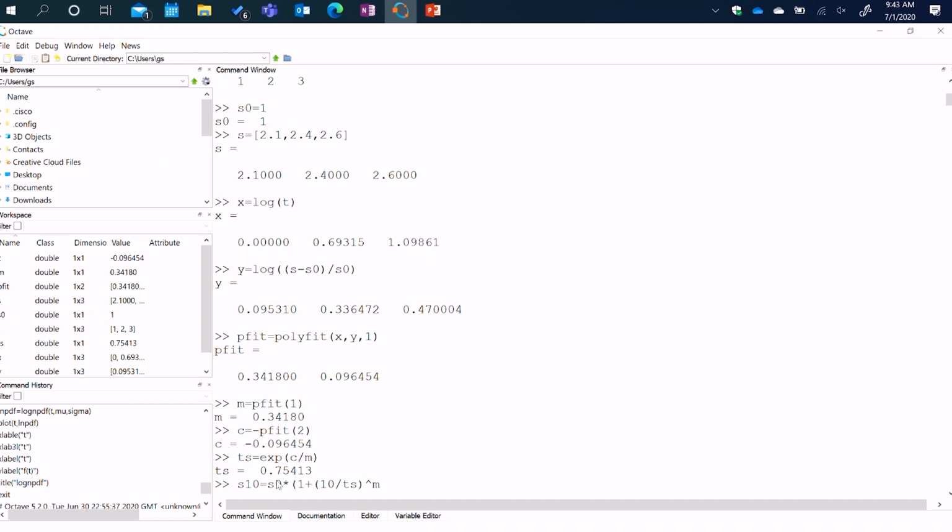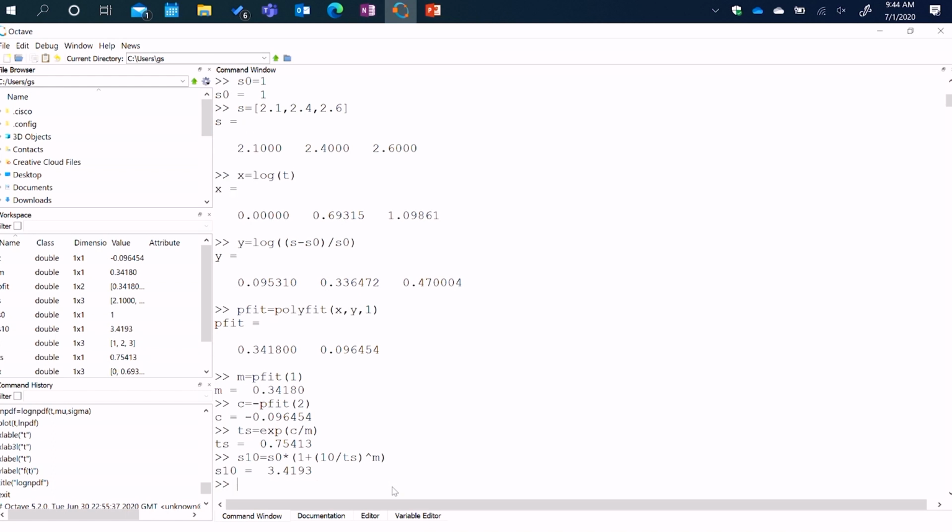Okay. This whole thing. So S naught times 1 plus T over Ts to the power m. So that's what we have here, corresponding to time of 10 years. So I do that and I get my thickness value that I can expect at the end of 10 years to be 3.419.